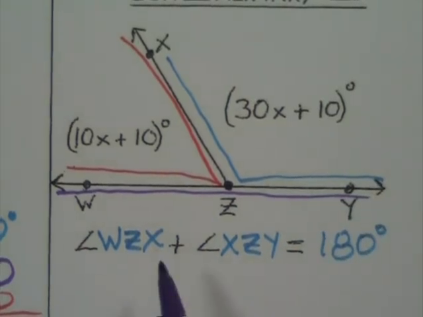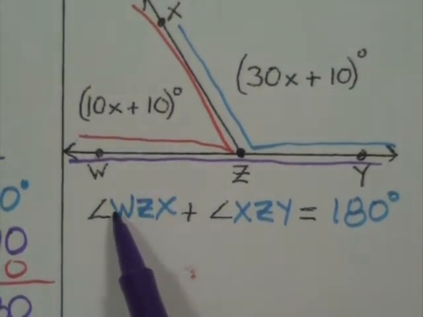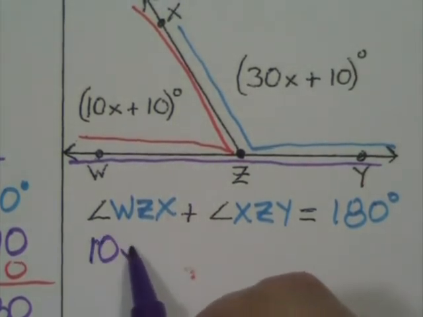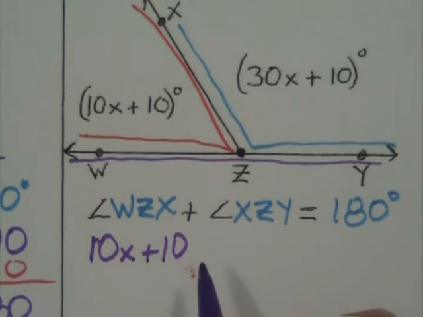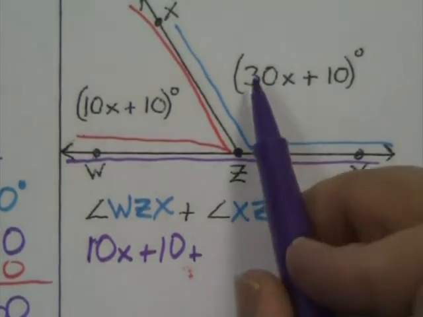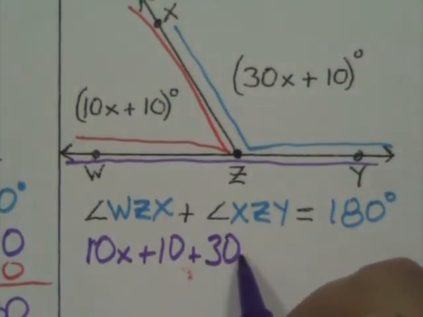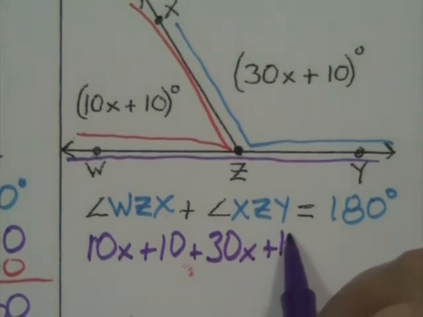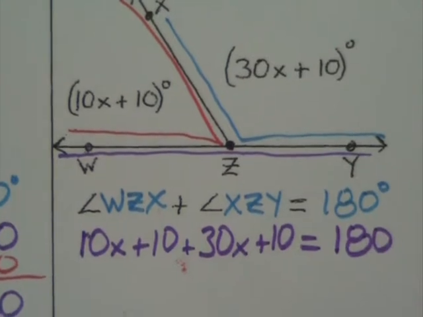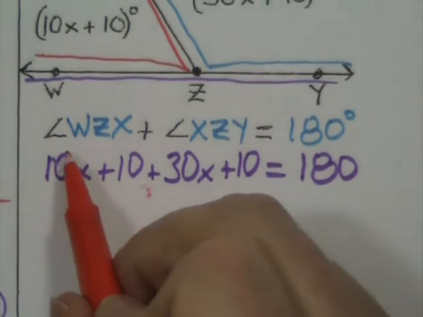Okay, now we'll substitute the expressions in there for the angles. So this angle here, WZX, is 10x plus 10. So let's write that in there, 10x plus 10. And then we have the other angle, XZY, which is this one here, 30x plus 10. And all that equals 180. Okay, so let's get our x's together.